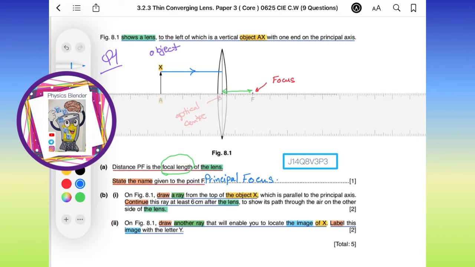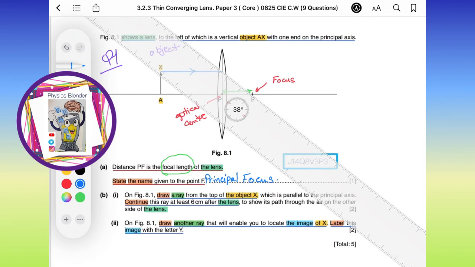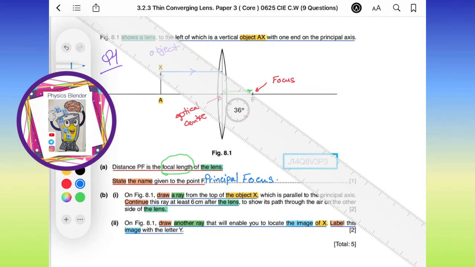I told you while we were discussing paper 1 that refraction takes place at the boundary, but for simplicity we are refracting the light ray at this middle line. So this ray will refract through the focus.